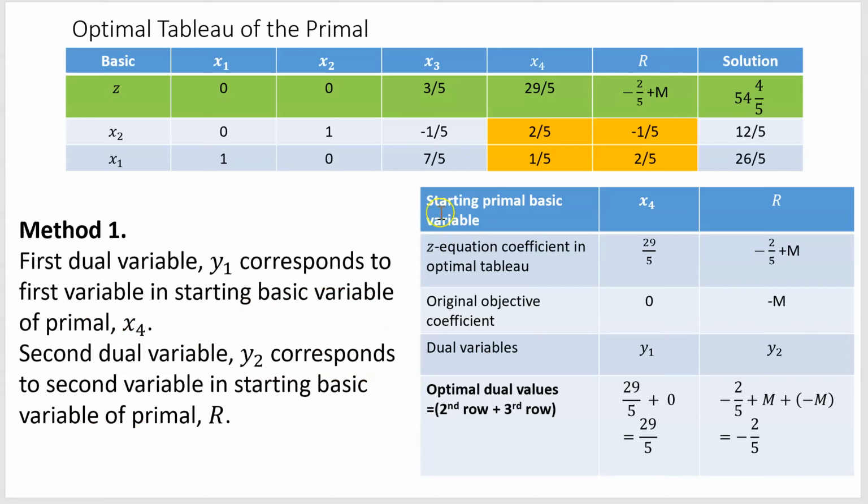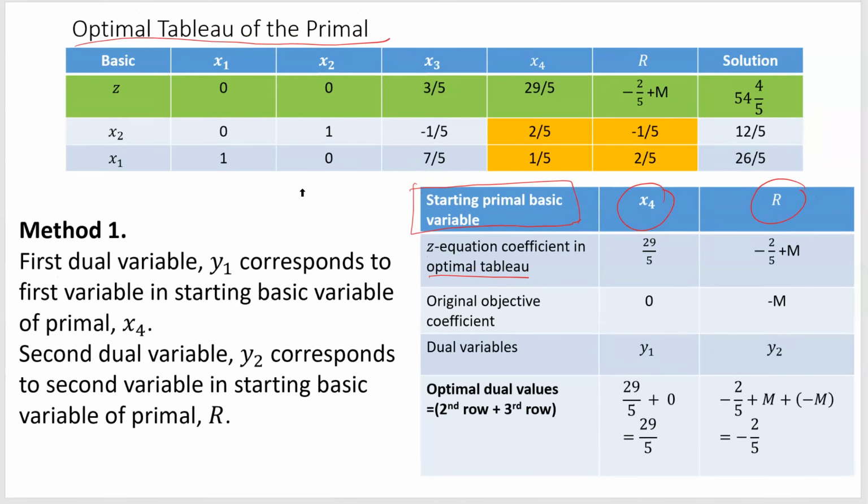Now we use the first method. First, what are the starting primal basic variables? They are x4 and r. Then identify the z equation coefficients in the optimal tableau, which is given.